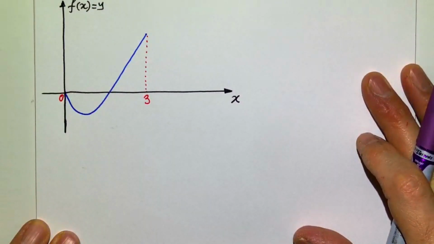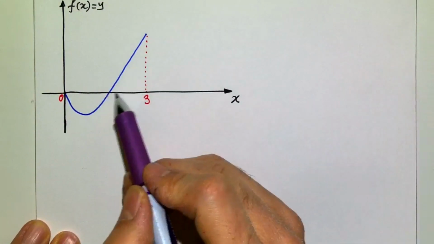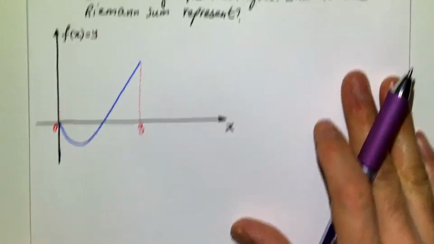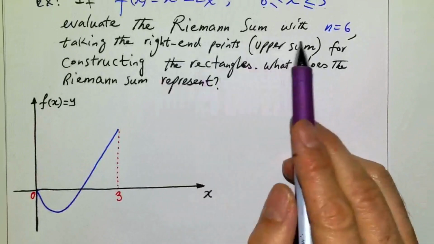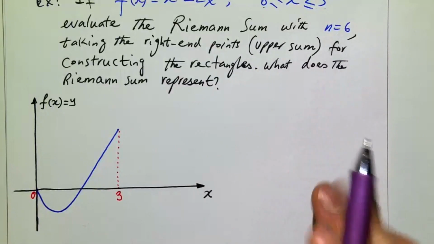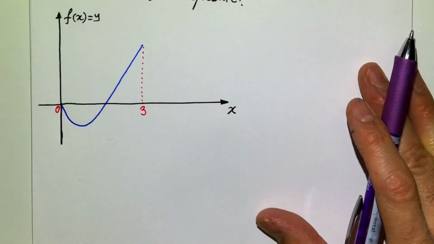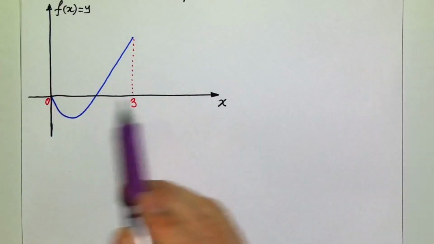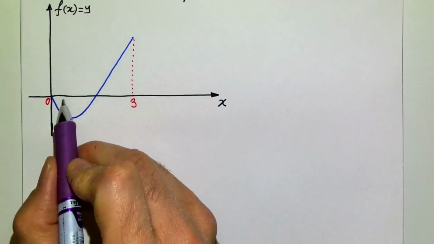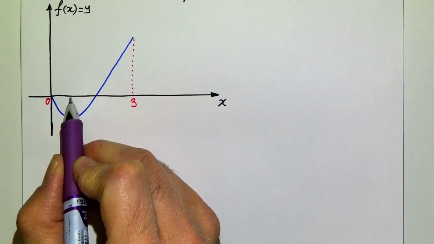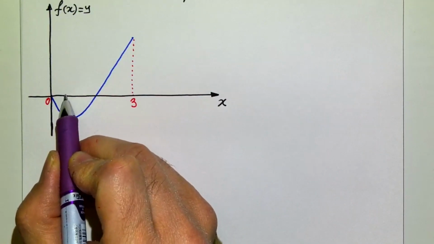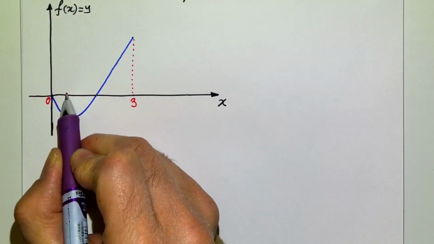I try to draw this as symmetric as I can, and they want us to use the Riemann sum with n equals 6, so 6 rectangles. So I will try to divide this distance from 0 to 3 into 6 equal spaces as much as I can.